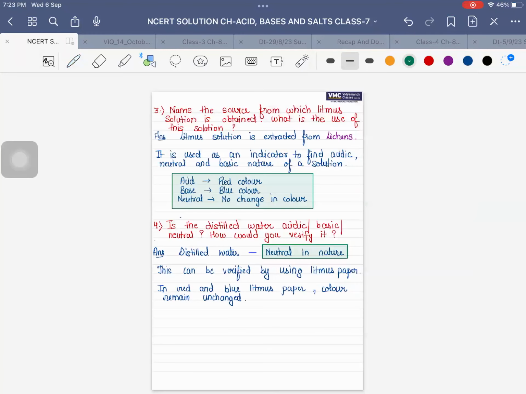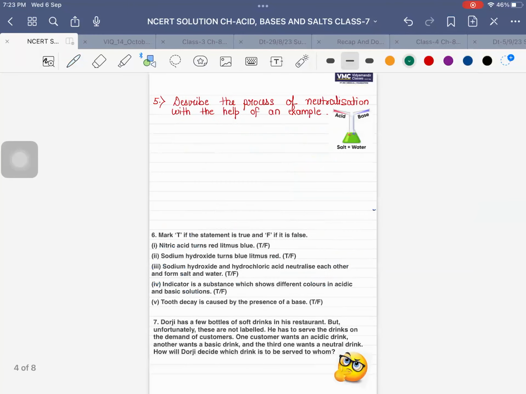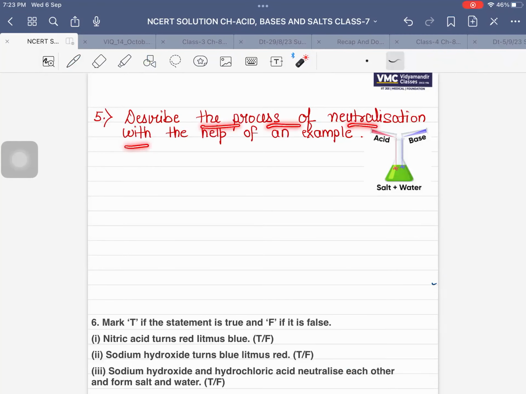Next one, describe the process of neutralization with the help of an example. So what is neutralization?